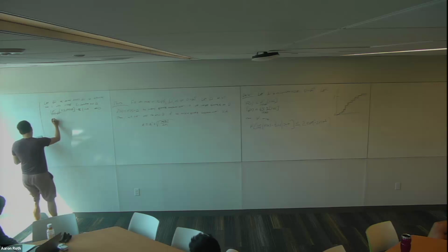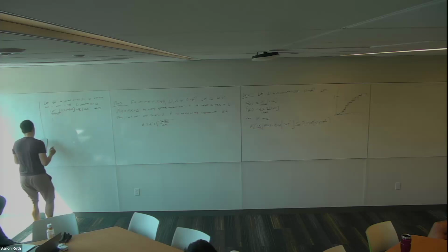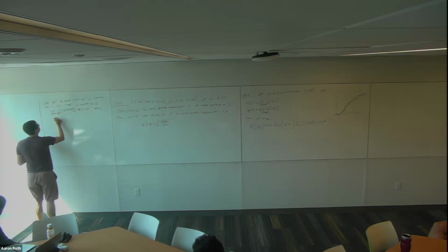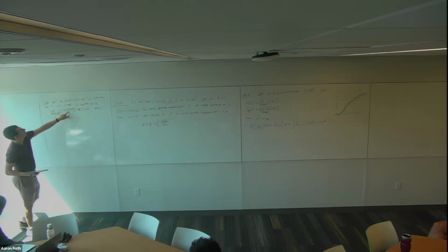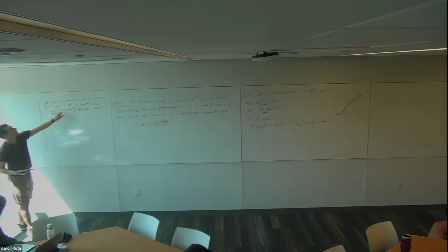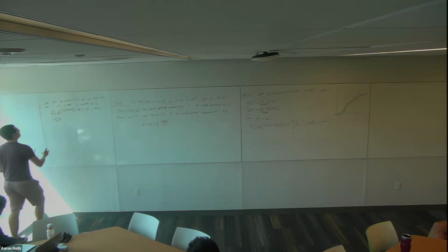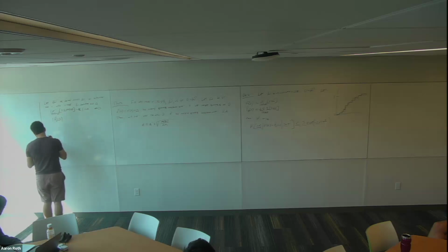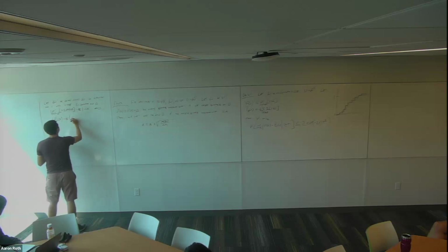To say that we look at the CDF of D prime evaluated at delta, the probability under D prime of Y minus f being at most delta, this is within alpha prime of Q.